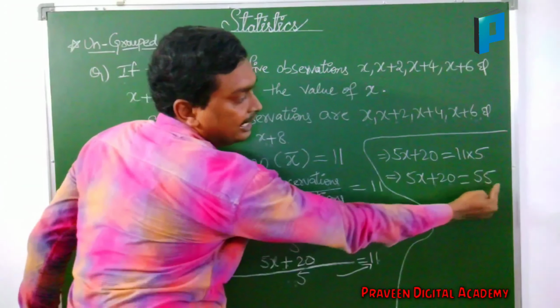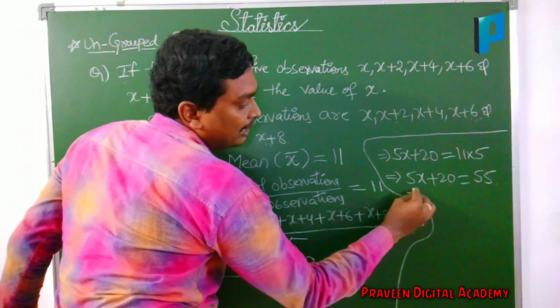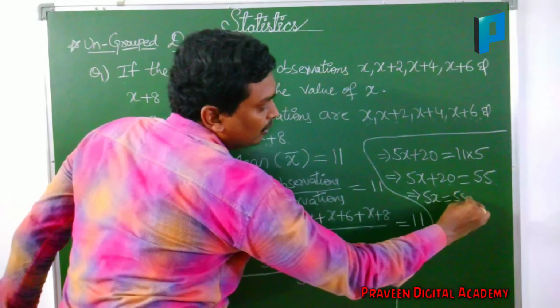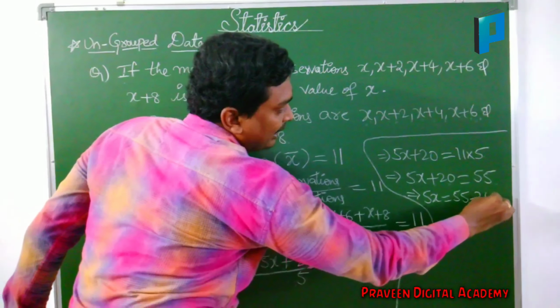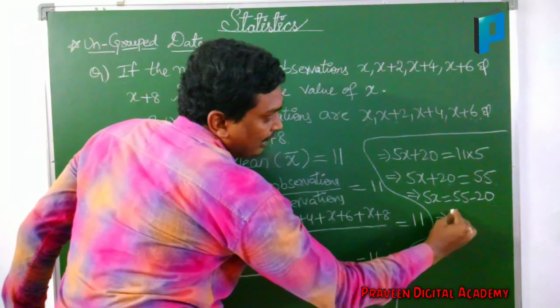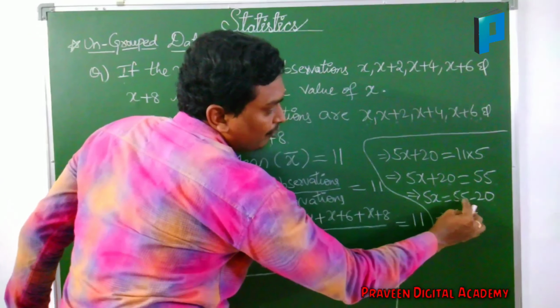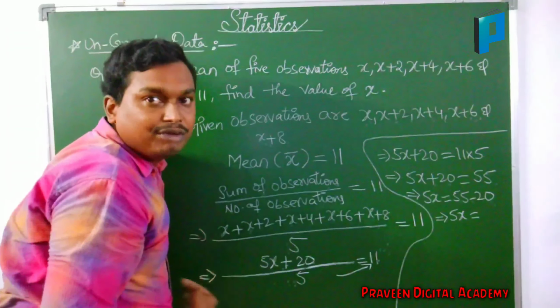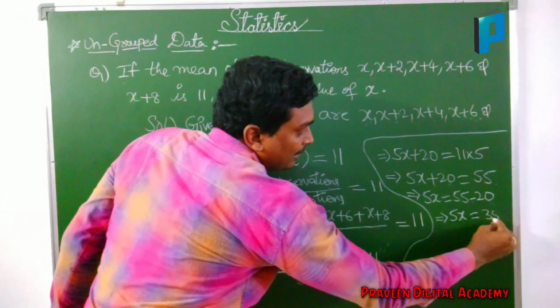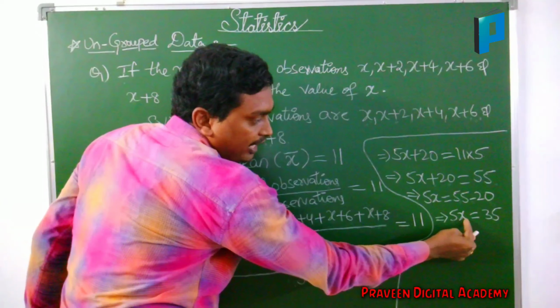When this plus 20 transposes here, it will become minus 20. So 5x is equal to 55 minus 20. 55 minus 20 is 35, and here 5 into x is there.